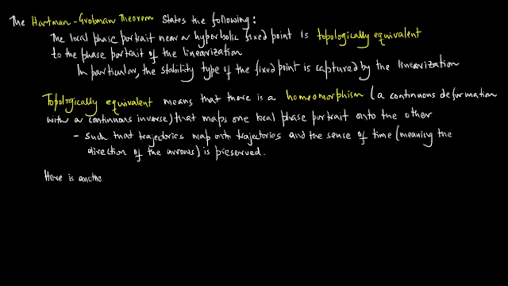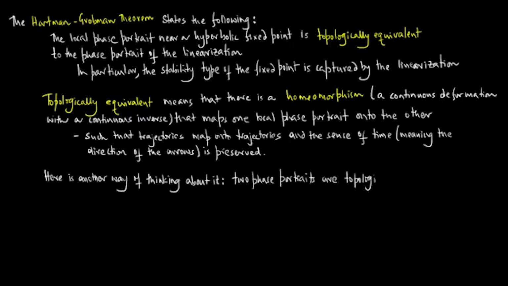Here is another way of thinking about it. Two phase portraits are topologically equivalent if one is simply a distorted version of the other.